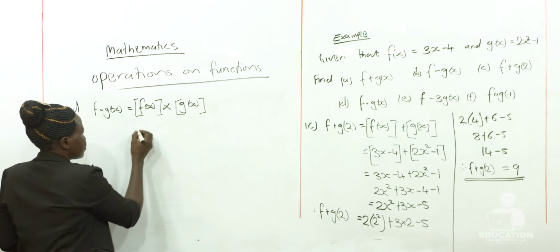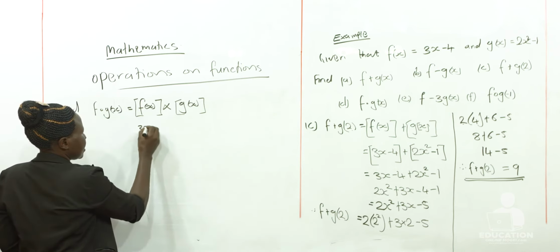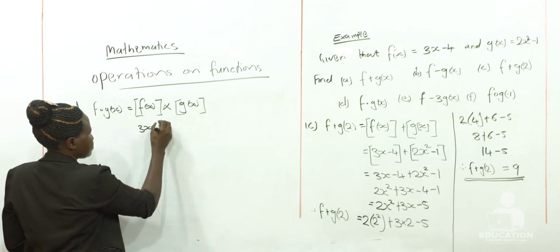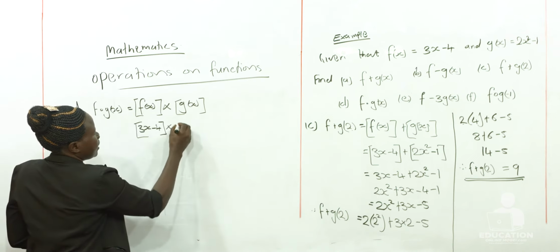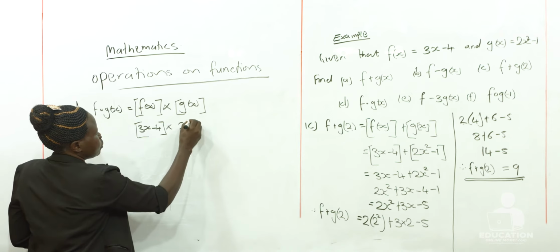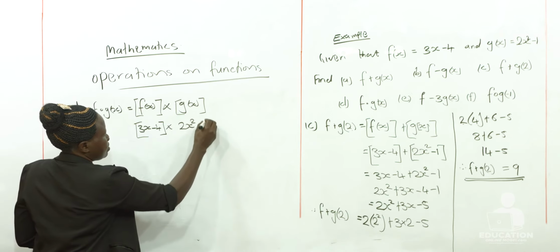So when we substitute this, we get 3x minus 4 times 2x square minus 1.